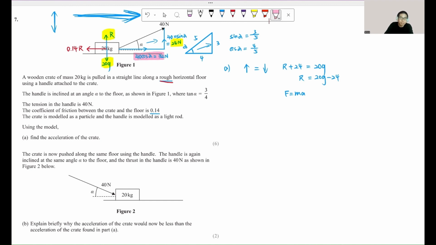Force to the right will be this one, 32 newtons, and the force opposite to the moving direction is the friction, 0.14R. So we have 32 minus 0.14R is equal to mass, which is 20, times acceleration, which is what we're looking for. And we already know R is equal to 20g minus 24, so we can just put that inside.